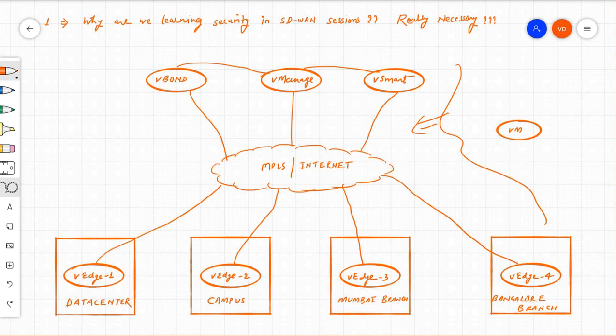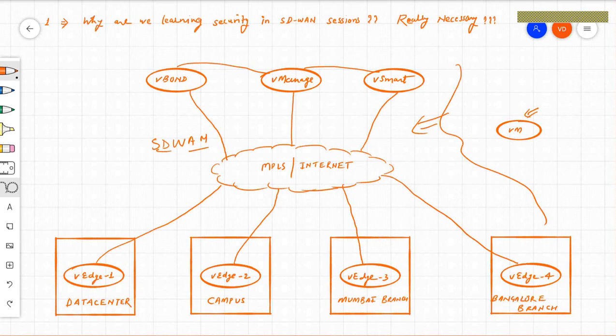Can someone with a particular device come and join my network? If he or she can, then there is a problem, because if somebody can join, then somebody can disrupt this network also. This is my complete SD-WAN fabric, and if anyone can join by simply having a device, it is not a viable option.